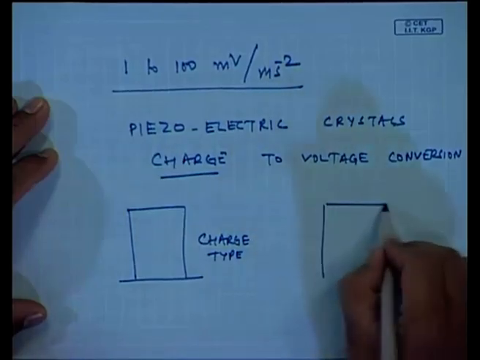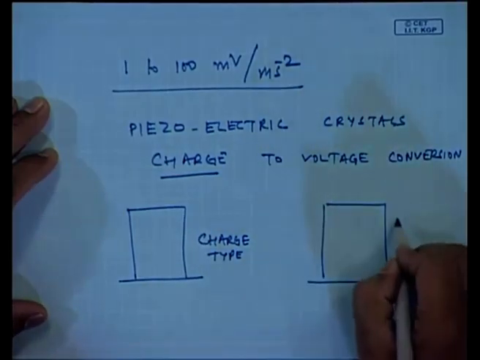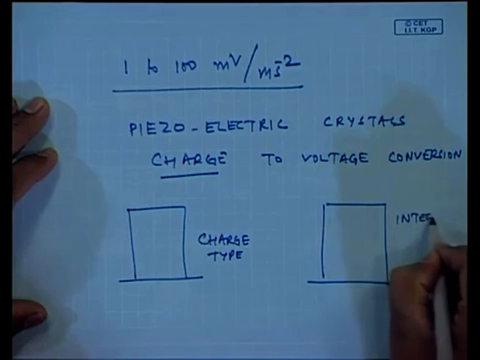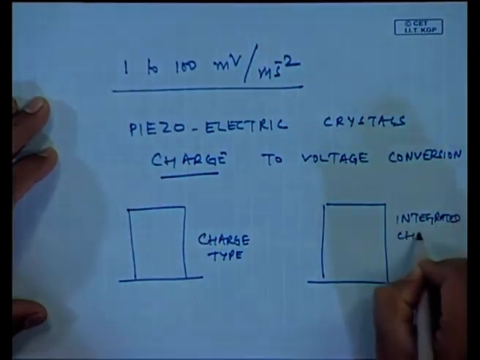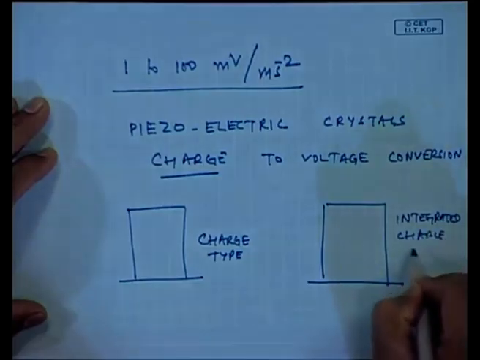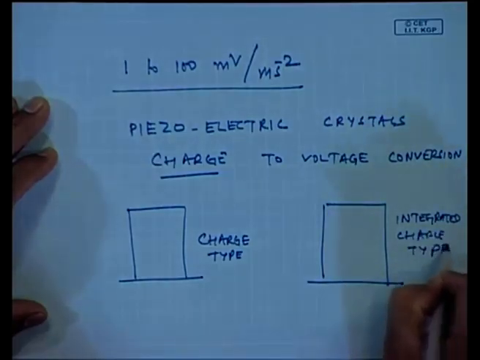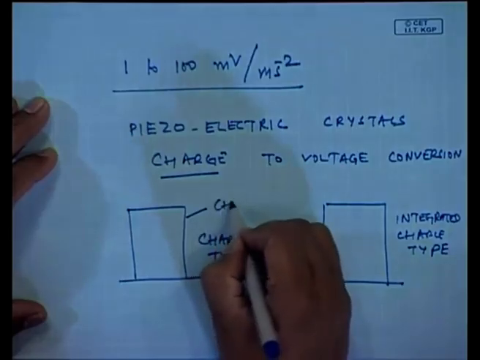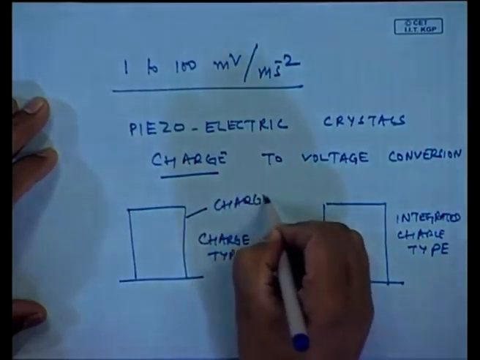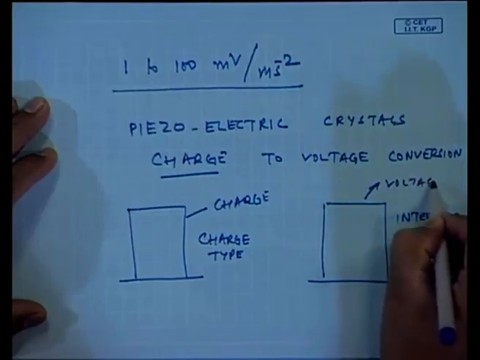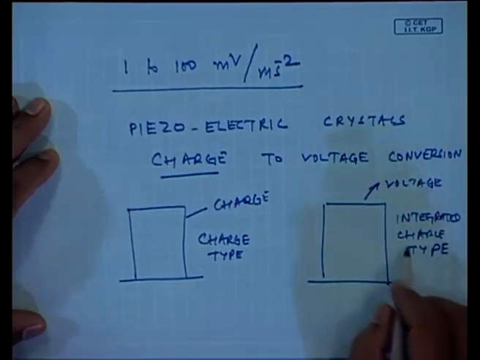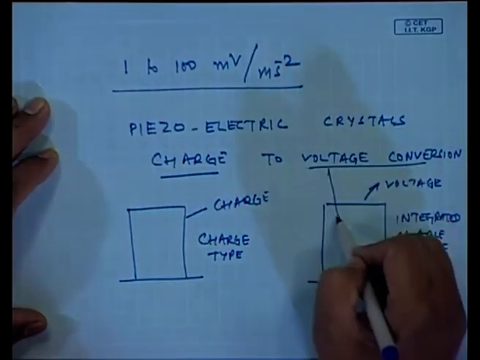Another is the integrated charge type. Here the output from this is a charge, here the output from this is a voltage, because the voltage conversion is done inside this.